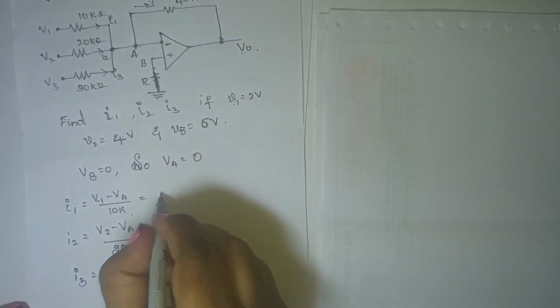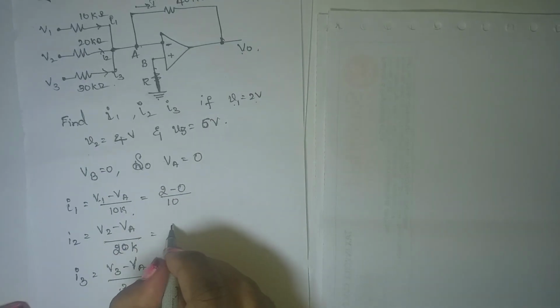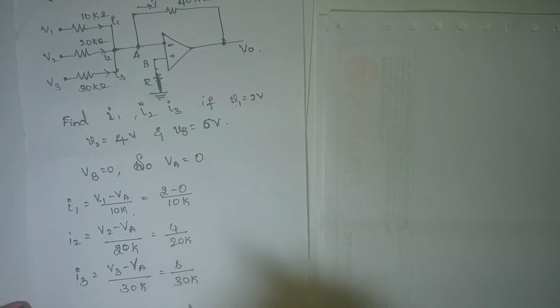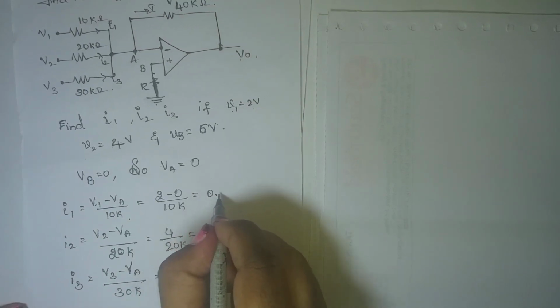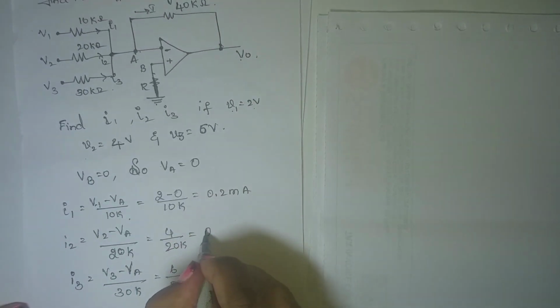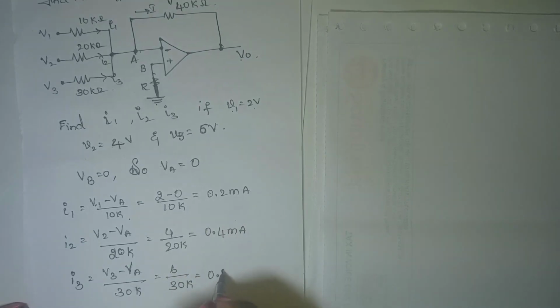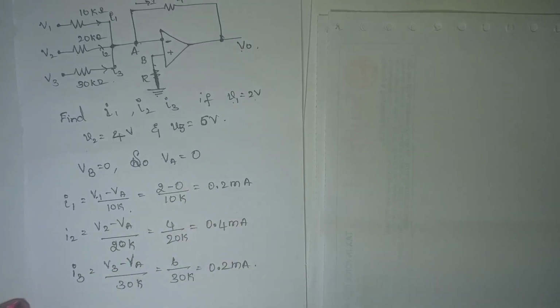V1 is at a potential of 2 volts, so 2 minus 0 divided by 10K, 4 minus 0 divided by 20K, and 6 divided by 30K. Now find the values: 0.2 milliamps, 0.4 milliamps, and 0.2 milliamps. So these are the values of current.